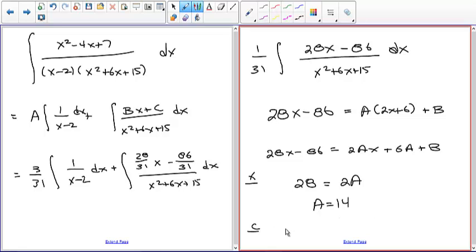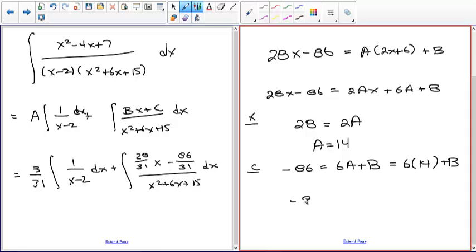And the constant part is negative 86 is equal to 6a plus b, but I just figured out what a is. It's 14. So I'll have negative 86 is equal to 84 plus b, or b is equal to negative 170. So if you subtract 84 from negative 86, you get negative 170.